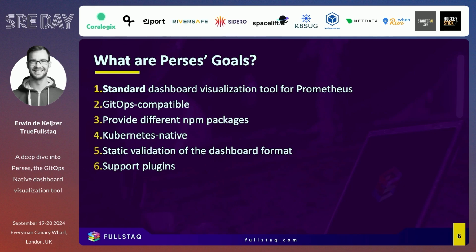So you can do a CLI validate and then you know that it's valid. And it supports plugins. But I have to be clear, these are the goals. They are not all achieved, or some have 2 or 3 man hours of progress.